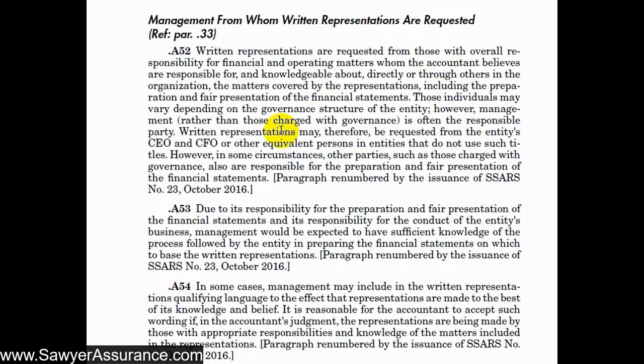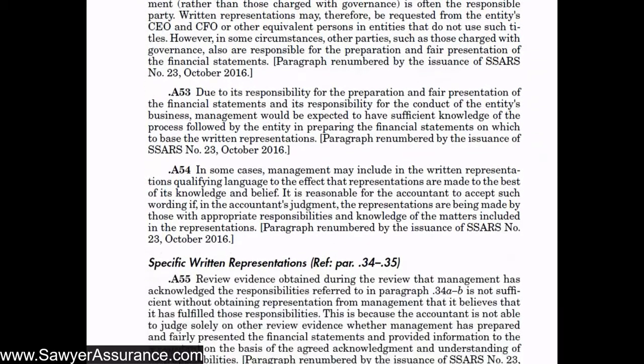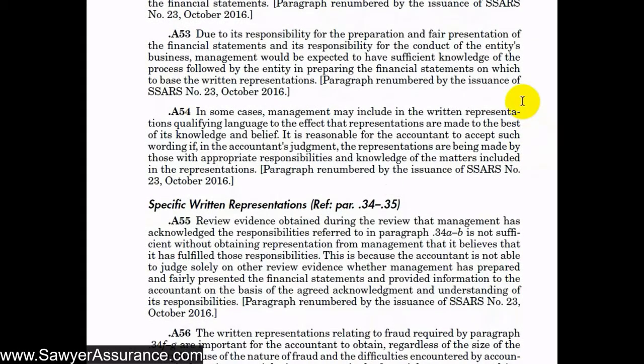We need to have this person sign the representation letter agreeing to all of the representations. Most often this person will be a member of management because they have a responsibility for the conduct of the entity's business, and they would have sufficient knowledge to know if the financial statements are being prepared correctly. And so they would be able to base these understandings on the written representations.